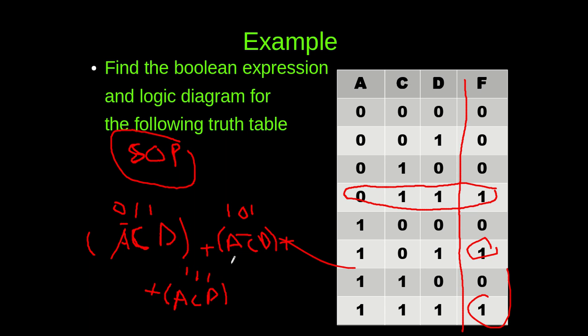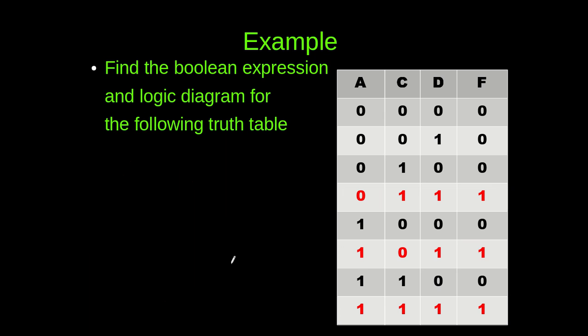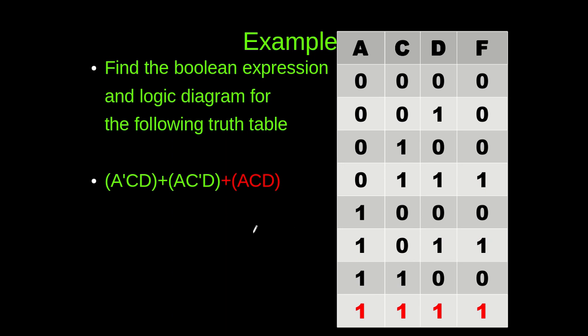So this is my equation, and here's how we write it. This represents A naught, C, and D. I add it to A, C naught, and D, sum of products, plus A, C, D. I only look for the ones, wherever I have a 1. The 0 is not important. If I had 4 ones, I'm going to have another equation.